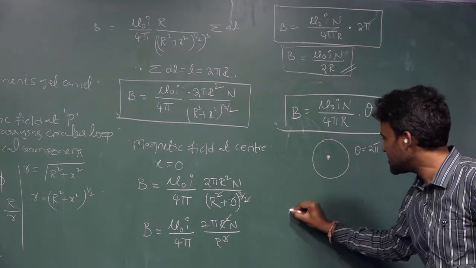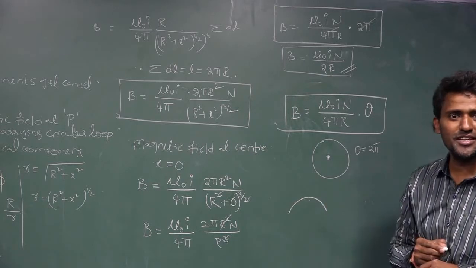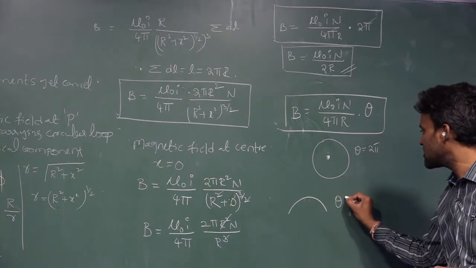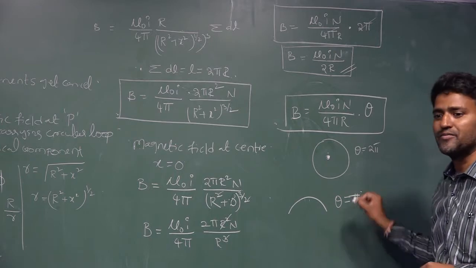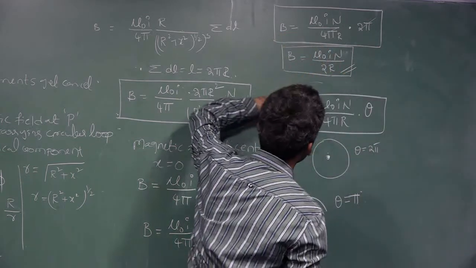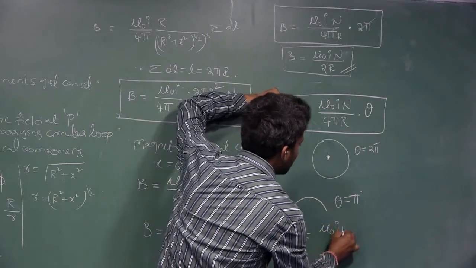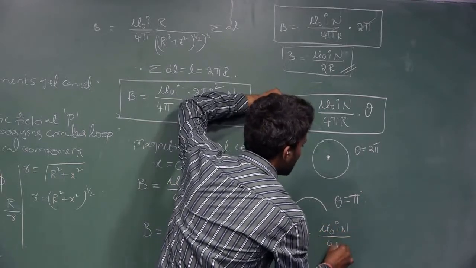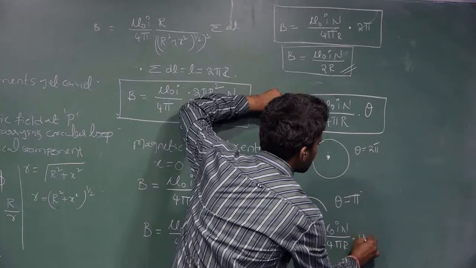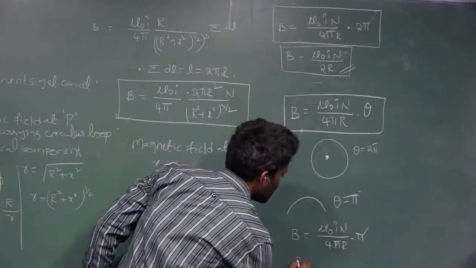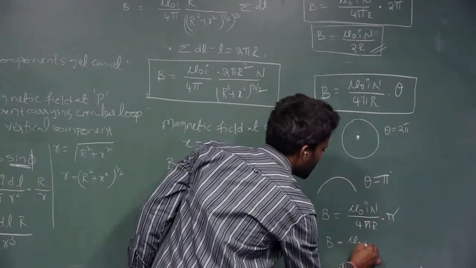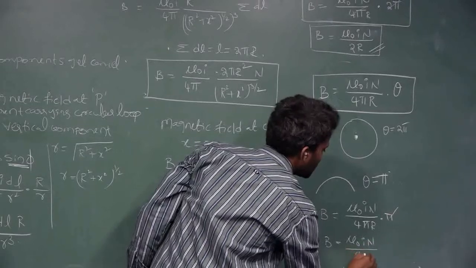If they give the semicircle, what is the angular displacement? Theta is equal to pi. In this formula you have to substitute, you can get the answer. B is equal to mu naught I into N divided by 4 pi r into theta, which is pi. Pi gets cancelled. Then you can write B is equal to mu naught I into N divided by 4r.